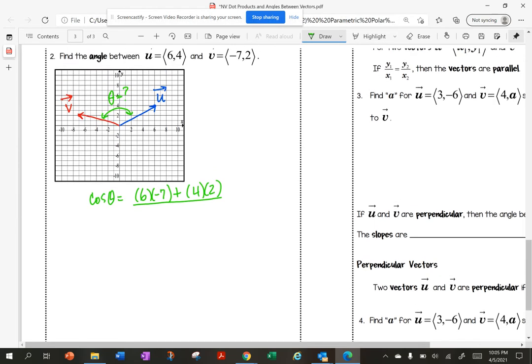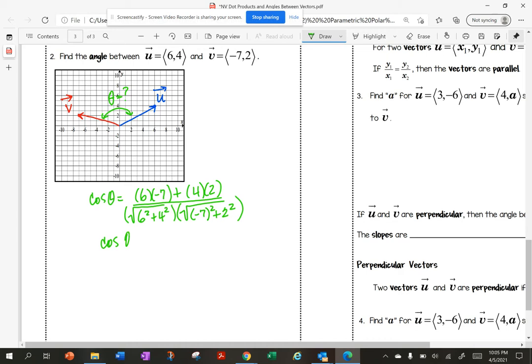So the magnitude of vector u is the square root of 6 squared plus 4 squared, times the square root of (-7) squared plus 2 squared. Okay, the biggest mistake I see is forgetting to put the negative number in parentheses when you raise it to a power.